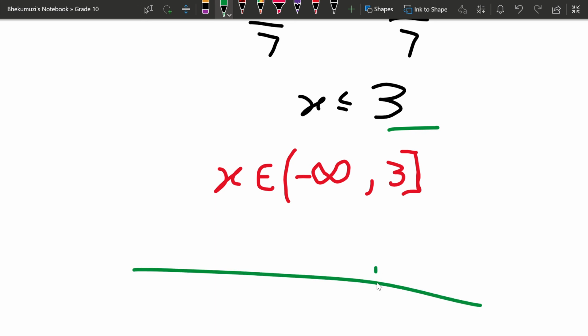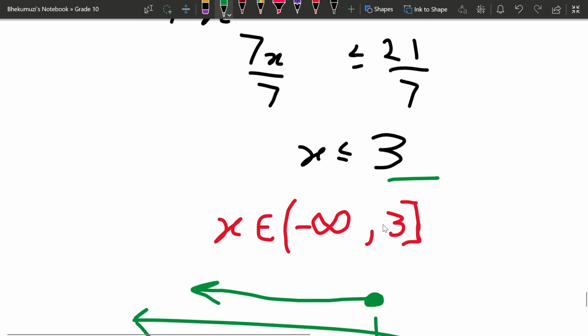Hence, where it's 3, it means that it is included, and you would draw the number line in this manner. In interval notation, that means x is an element of negative infinity to 3, where 3 is included, meaning we are including 3 and everything else before it.